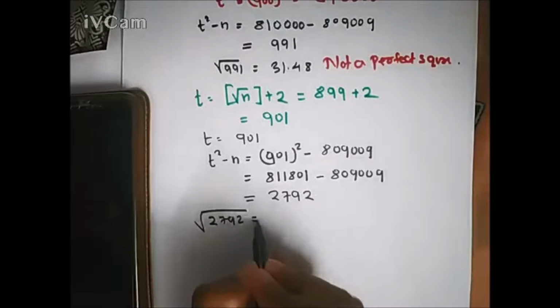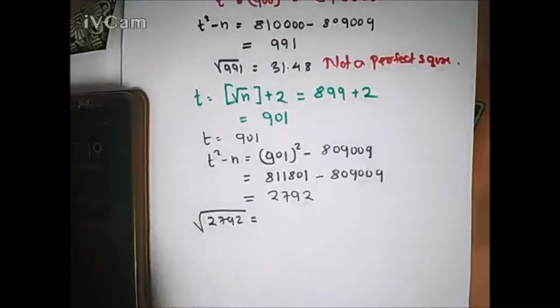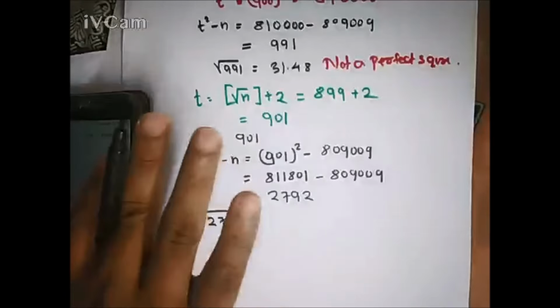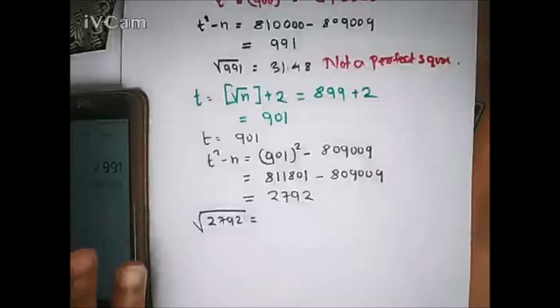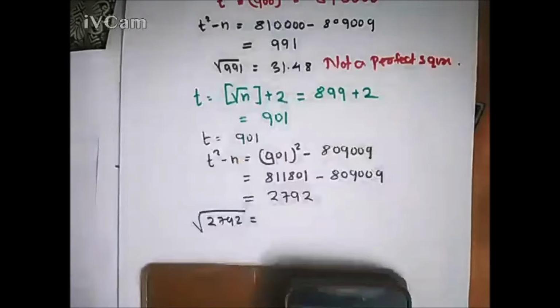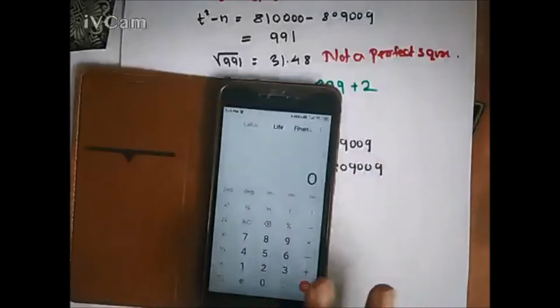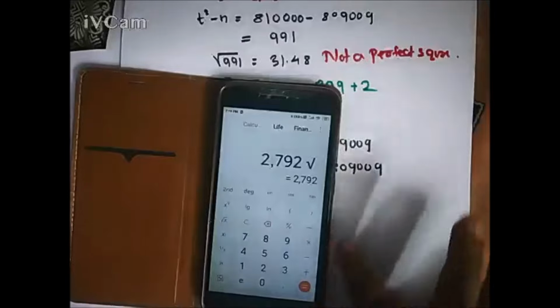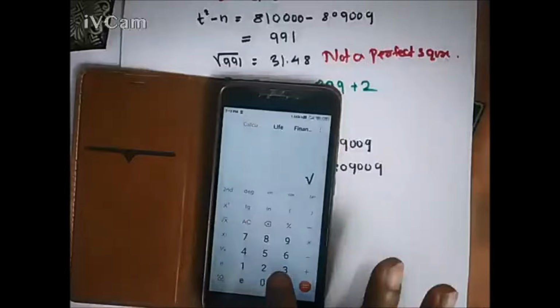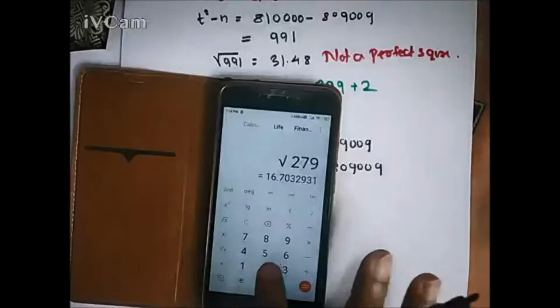Now again check the square root of 2792.